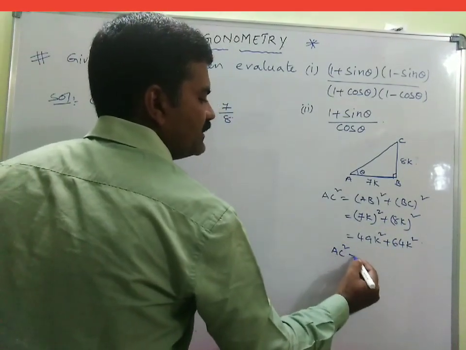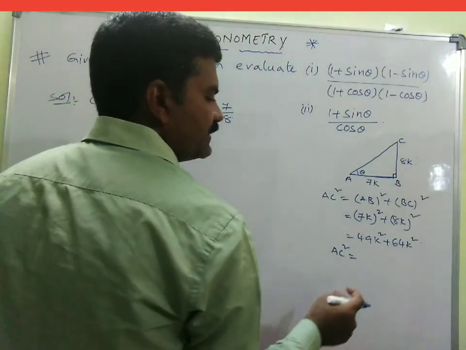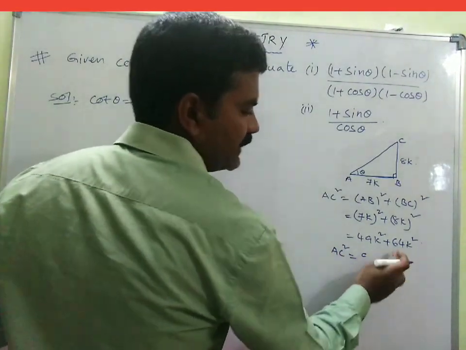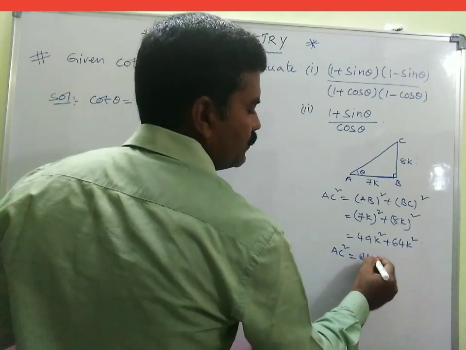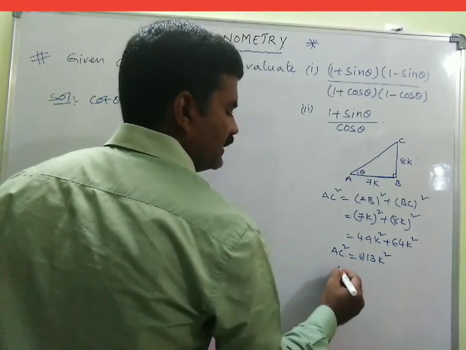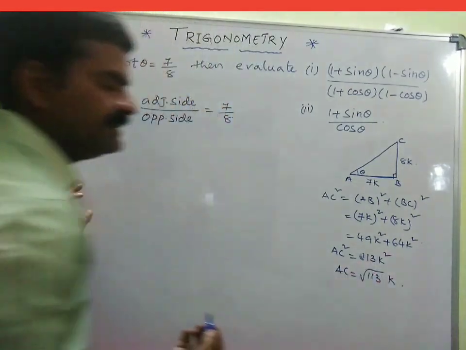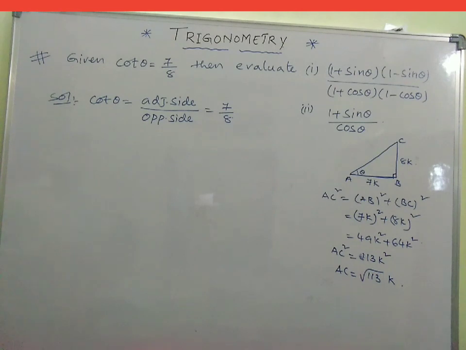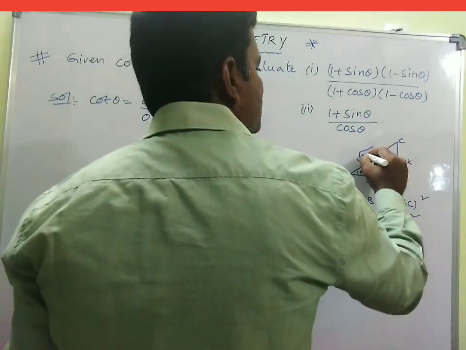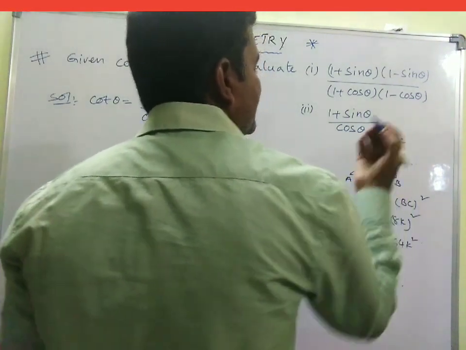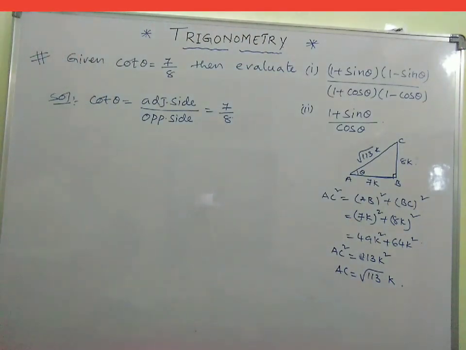Hence AC square is equal to 113k square, and from this AC is equal to root of 113k. Since we know this side is also root of 113k, now we can go for any trigonometric ratio.